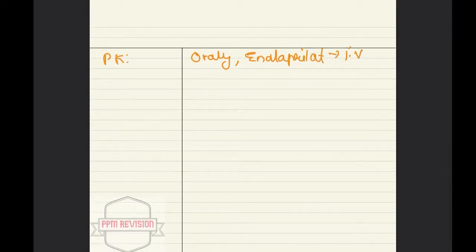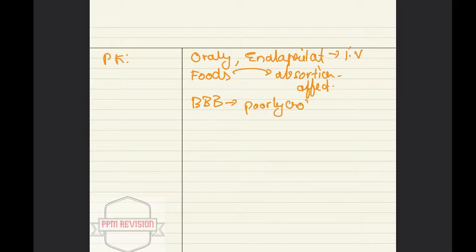And food affects the absorption, and it is often recommended to give the drug before meals. Now, it also poorly crosses the blood-brain barrier.